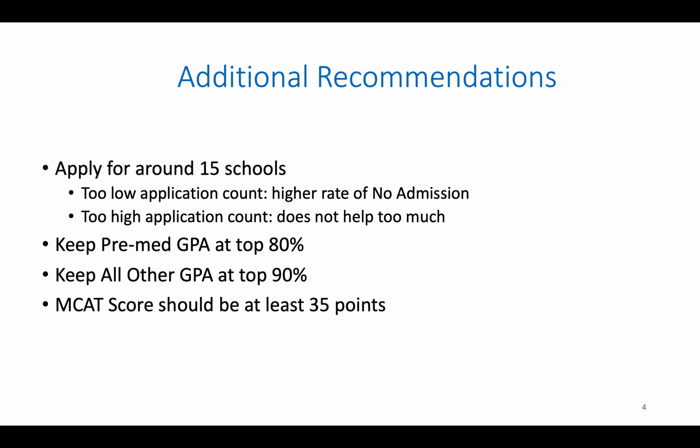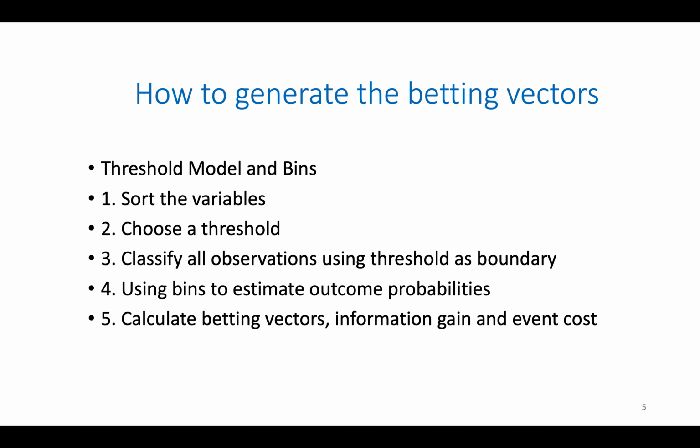And they need to get a good performance in their academics, like the pre-medical score should be better than 80%, and all other GPAs should be better than 90%, and the MCAT score should be at least 35 points.